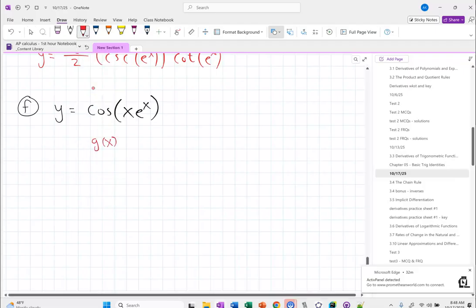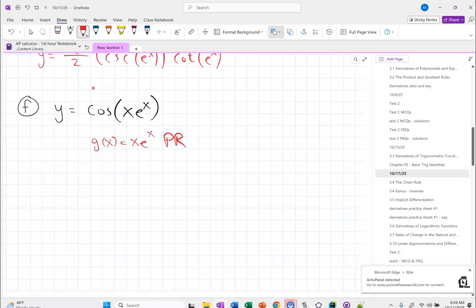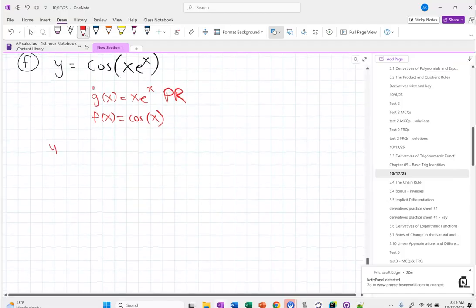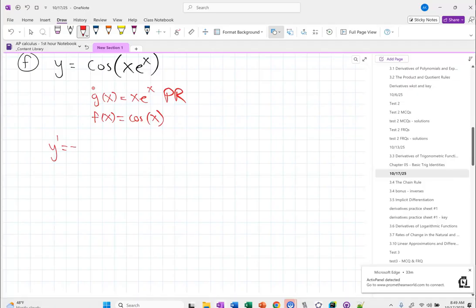So my inner is this. I'm going to write PR next to it to note to myself that it's a product rule there when it comes time to do that. And my outer is cosine x. So the derivative of the outside is negative sine, I'm going to say stuff, and then times the derivative of the inside.